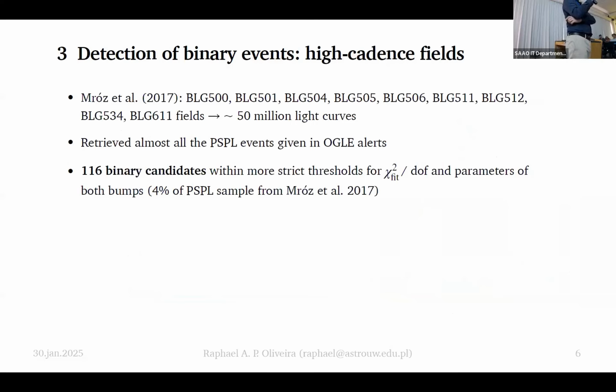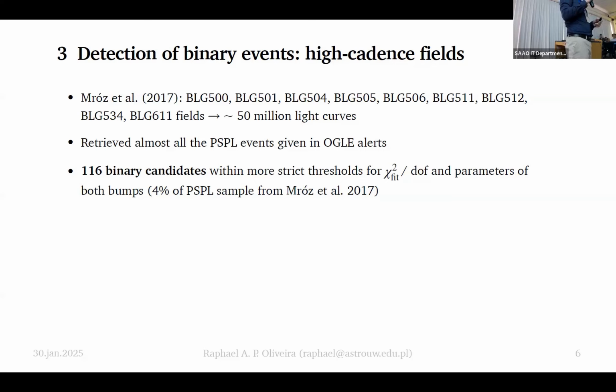So using the 9 high-frequency fields from 2017, we looked at 550 million light curves, and we retrieved almost all the PSPL events that are given in Hubble alerts. But regarding the binary candidates, we got 116 in these high-cadence fields, within these more strict thresholds that apply compared to previous work.